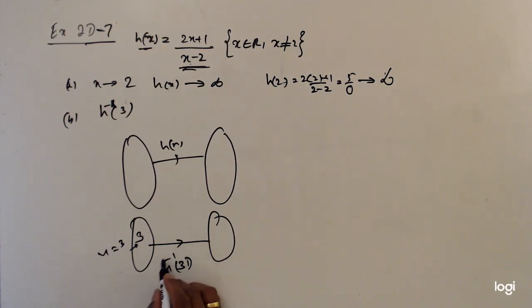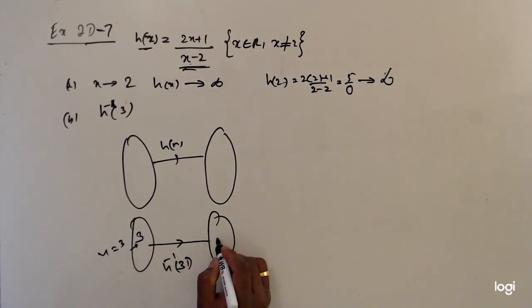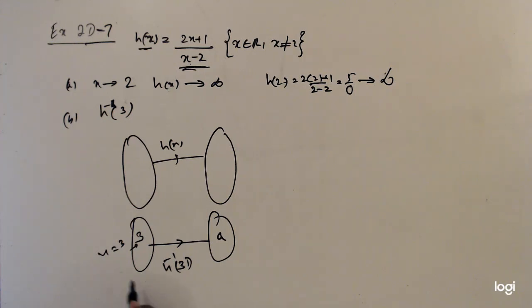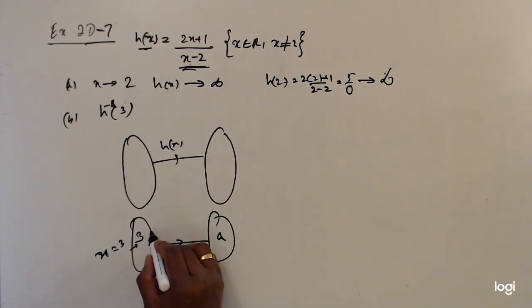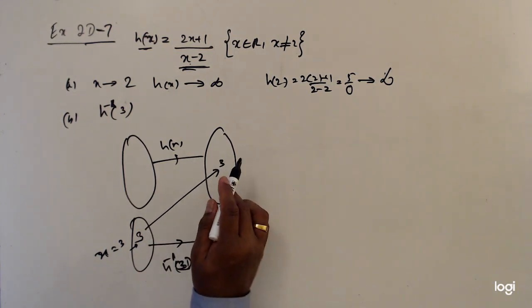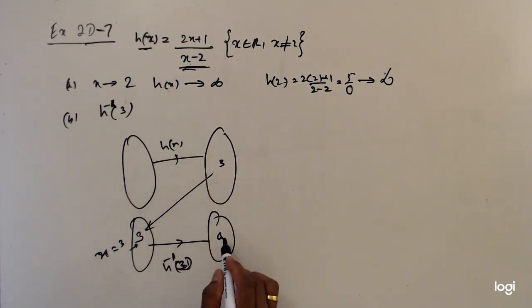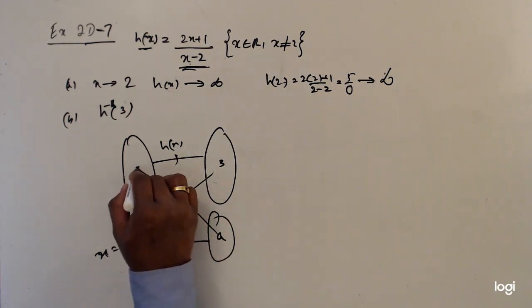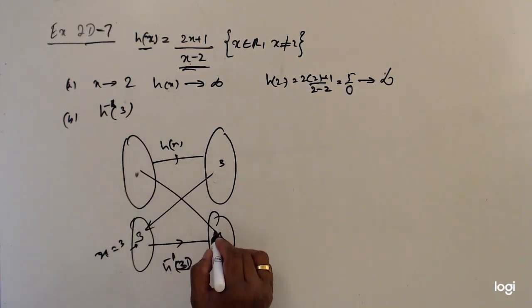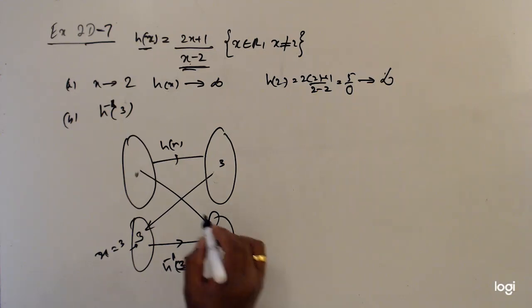Assume this value is a. When you put x equal 3, this is h inverse 3, this value a. We know that the 3 comes from the range of this function, and a comes from the domain.